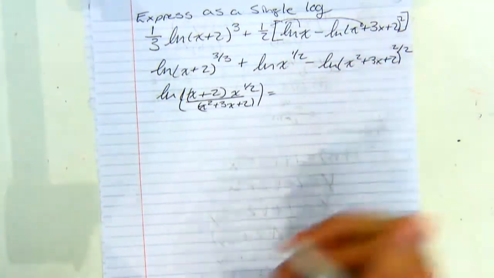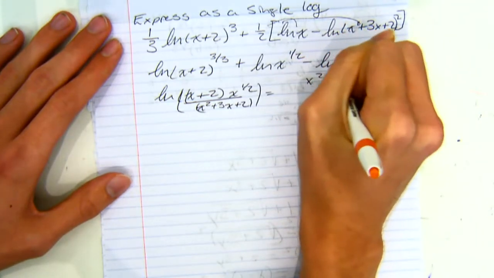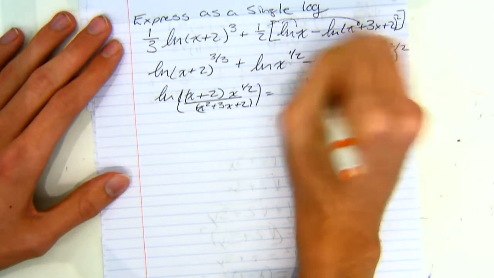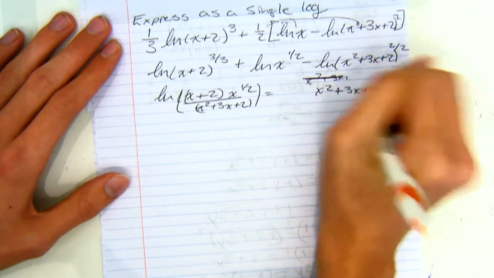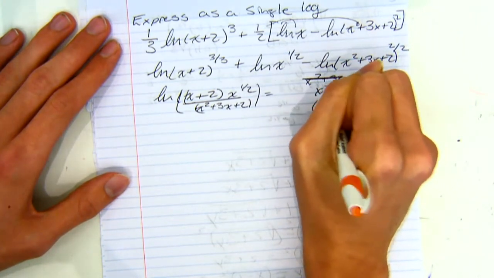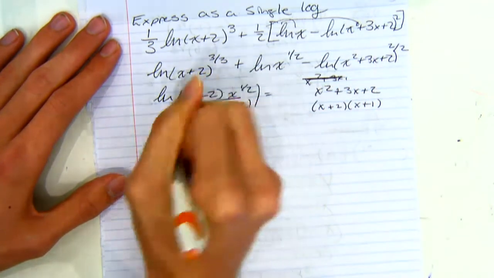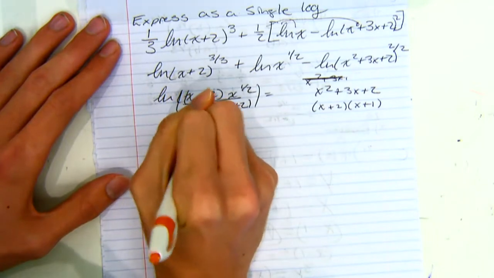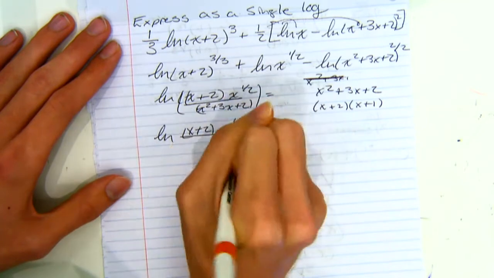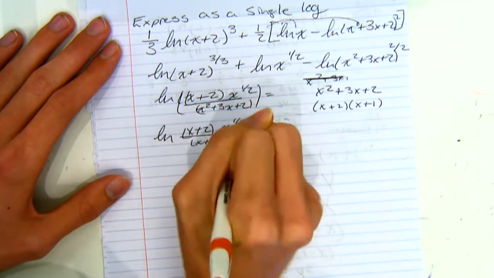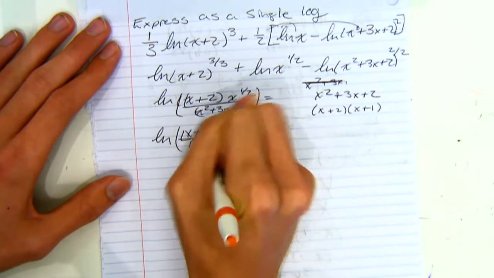And then this one's going to be divided. And then we can simplify this further because you can factor this. So then we get, cancel like terms.